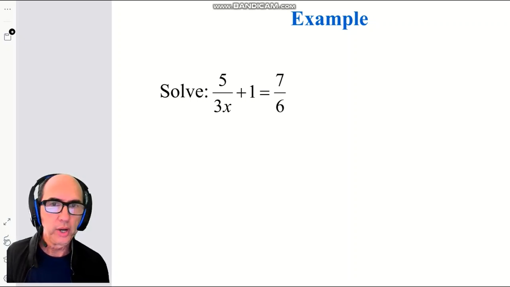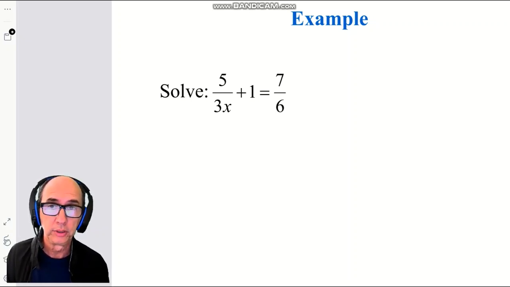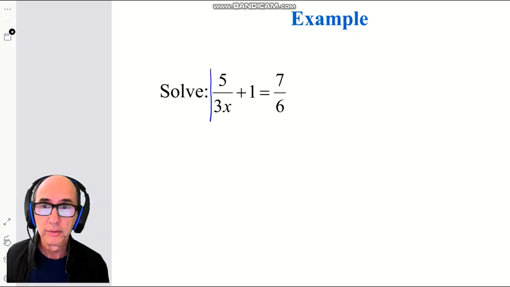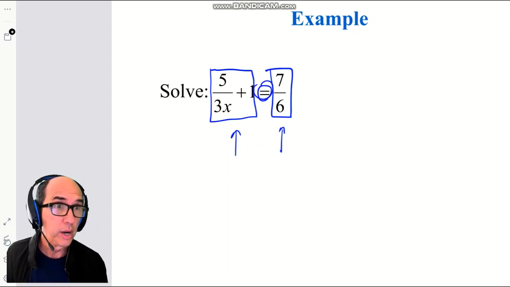Well, in the previous questions, when we have only expressions, the question is simplify. We can simplify expressions, but we cannot solve expressions. This is one expression. This is another very simple expression. And when we have one expression equal to another expression, with the equal sign, you have what? You have an equation, right?